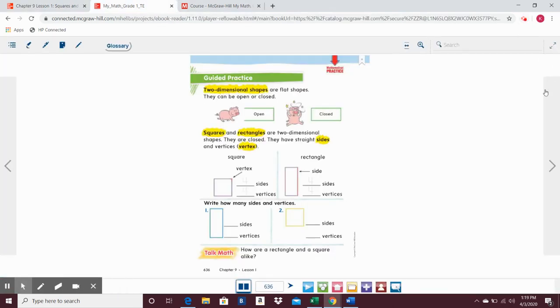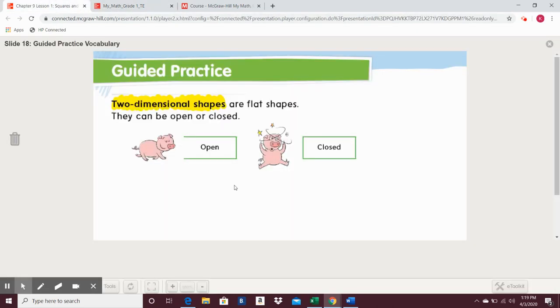All right, guys, so this is the page that you are looking at. You're gonna be looking at the top right here, and I'm gonna make it bigger on my computer. So we're talking about 2-dimensional shapes, which are flat shapes. They can be open or they can be closed. So look, in an open shape, we have right here, this is not connected.